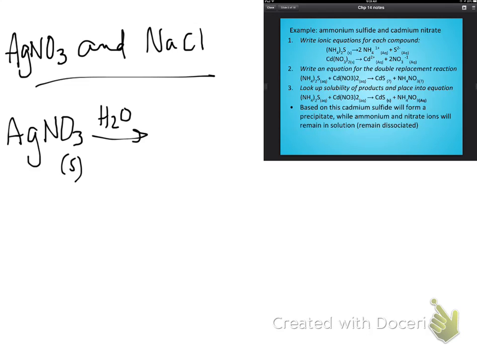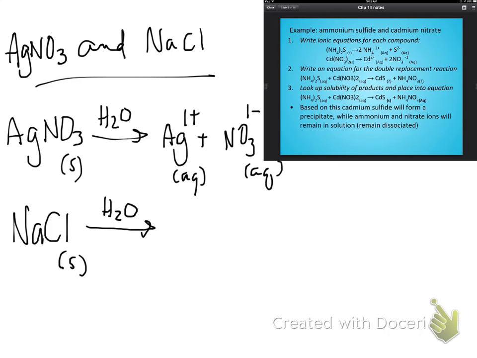Silver what? Ag1+, and that's going to be aqueous. And what's the other ion? Nitrate. NO3 1-, also aqueous. Okay, now let's look at sodium chloride. So we have sodium chloride dissociating in water. What are the two ions that it's going to dissociate into?